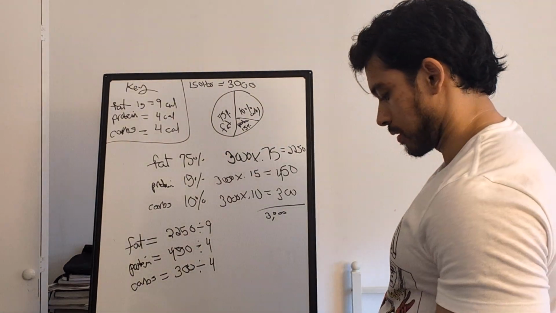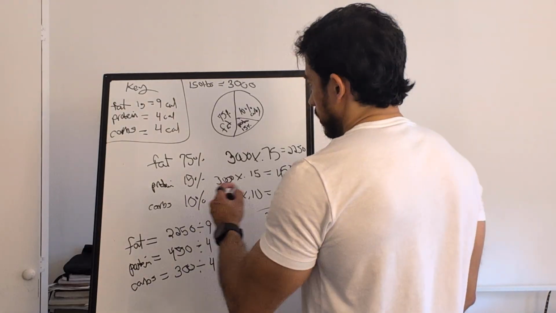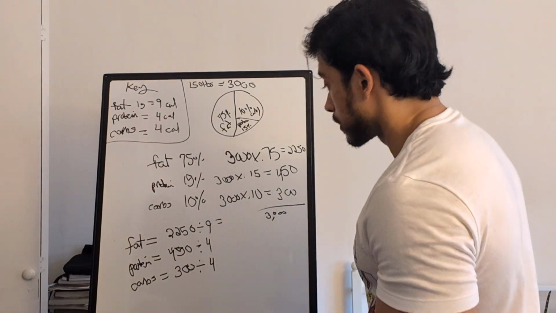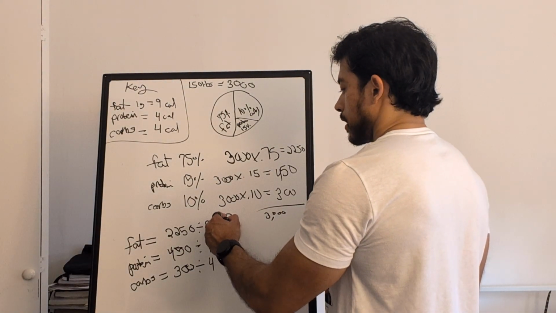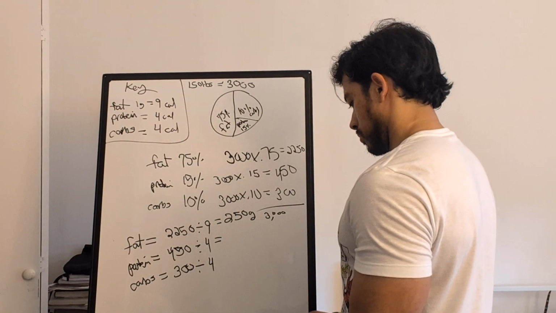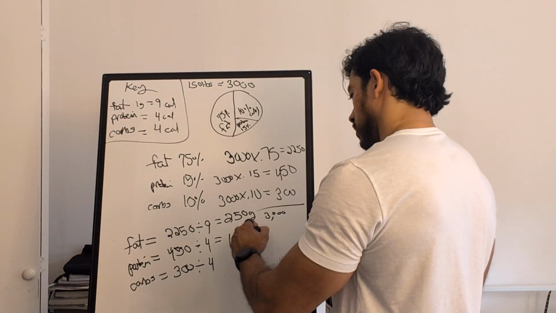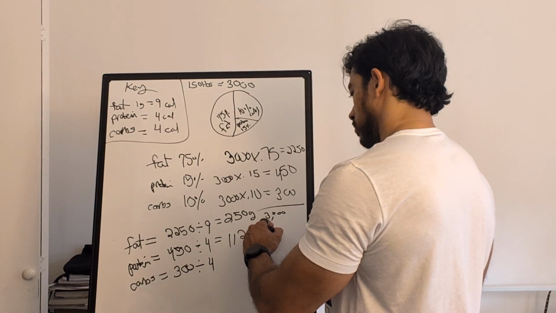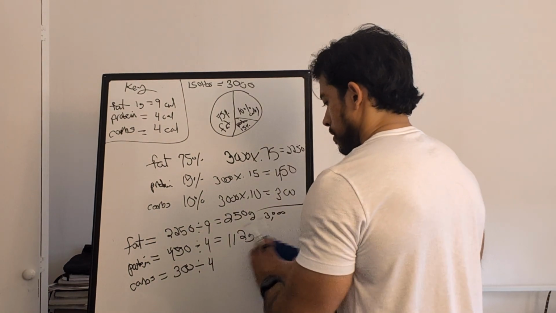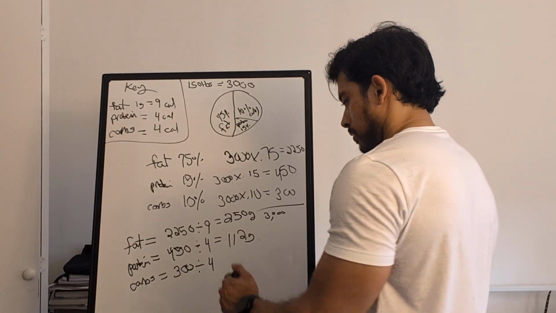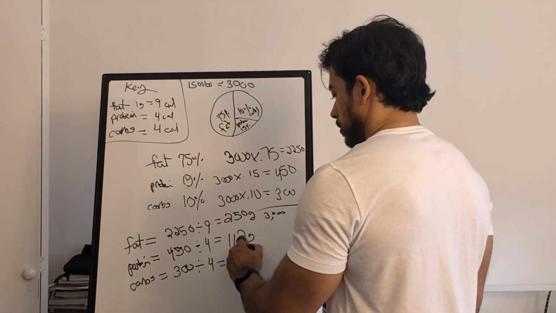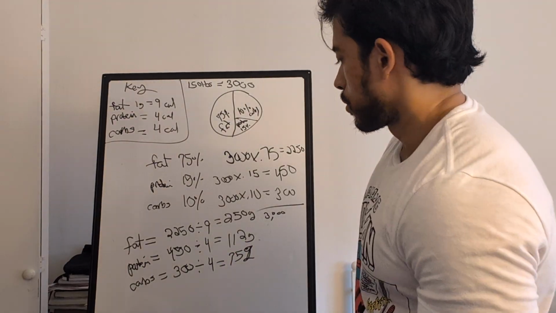So now what you're getting is, on this diet, you're getting 3,000 calories, and 75% of those calories are going to be fat. So that's 250 grams of fat. This is going to be about 112 grams of protein, and then 300 divided by 4, it'll be about 75 grams of carbs. So there you go.